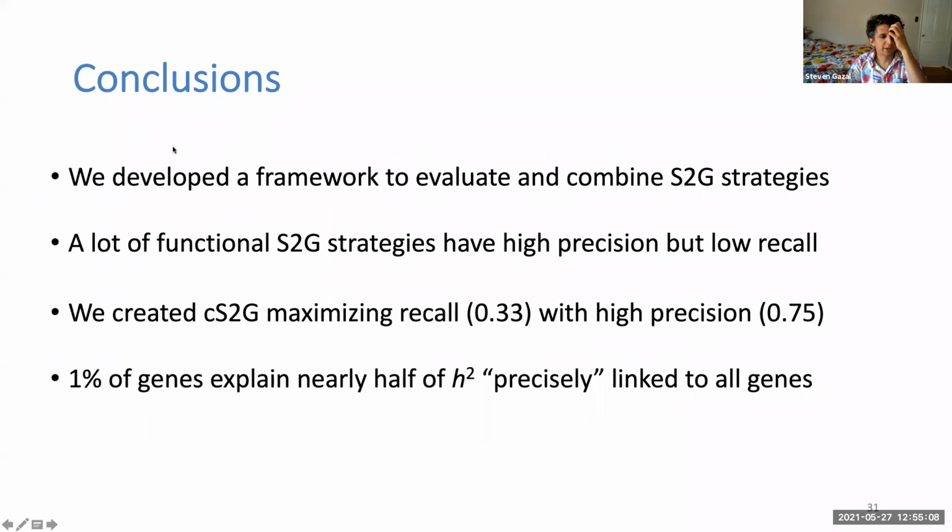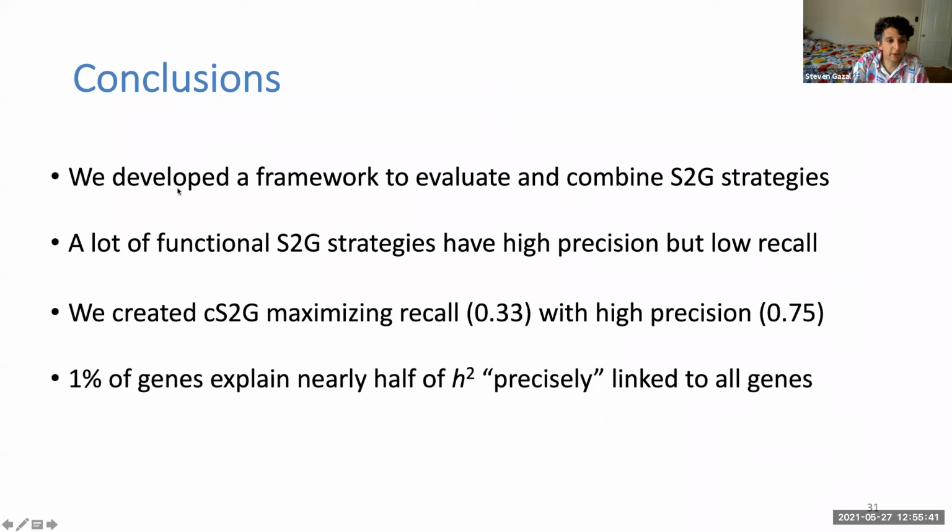So what I've shown you is that we've developed a framework to evaluate and combine SNP-to-gene strategies using a polygenic approach. And that concerns the fact that we don't have a GWAS SNP-gene gold standard dataset yet.